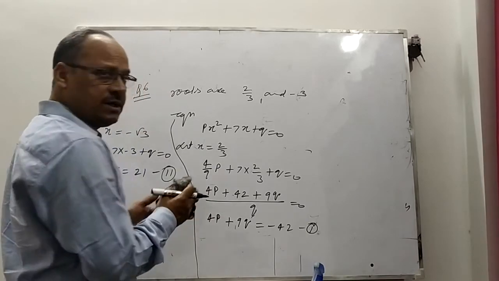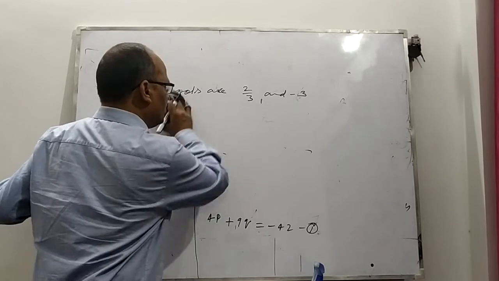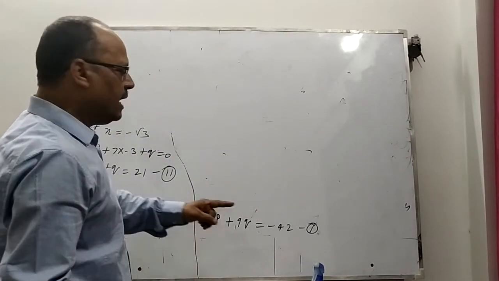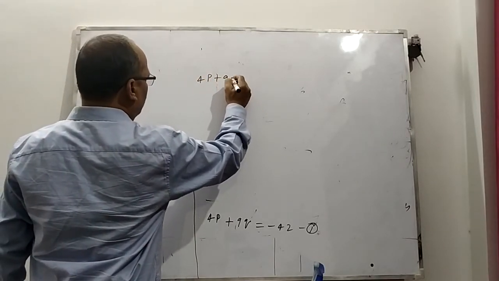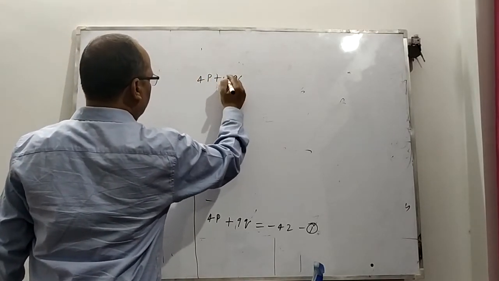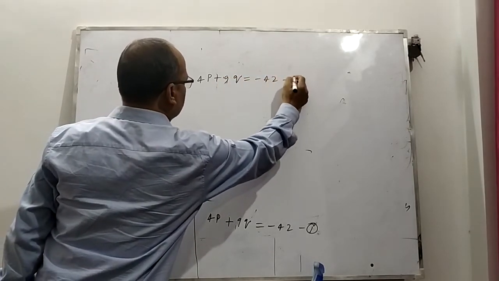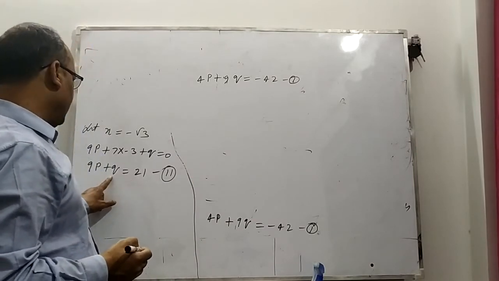I am going to solve this. Okay. And we will solve both equations. Then you can get the unknowns p and q. So 4p plus 9q equal to minus 42 is the first. In the second equation, what you will do? You will multiply by 9 here.